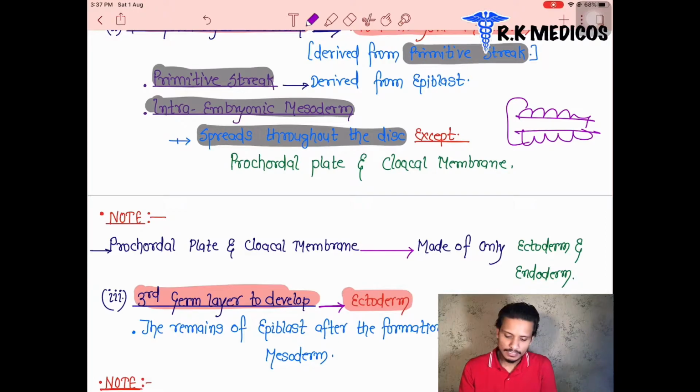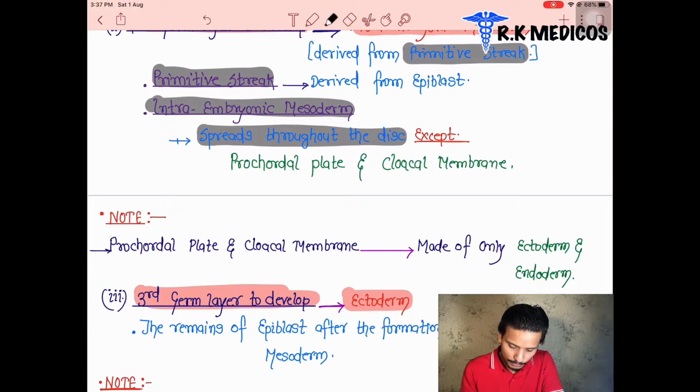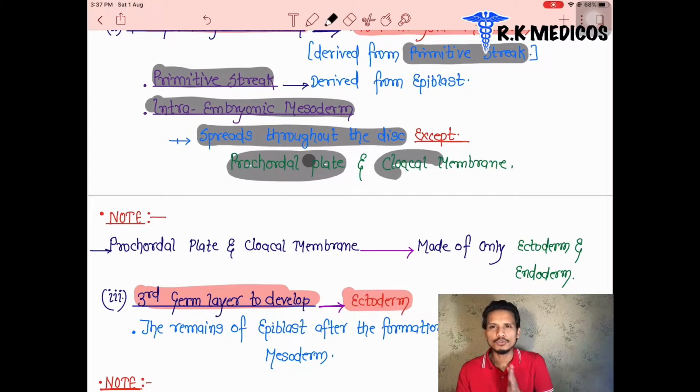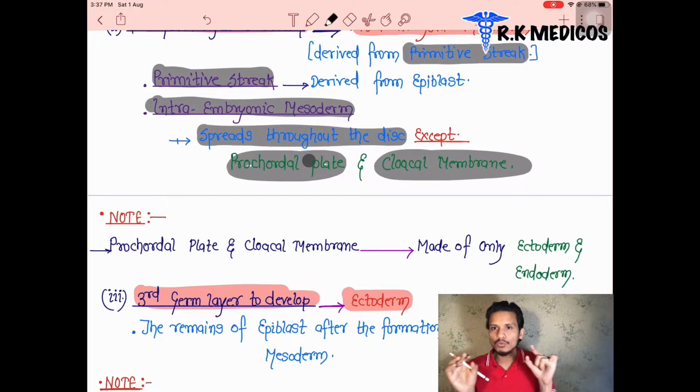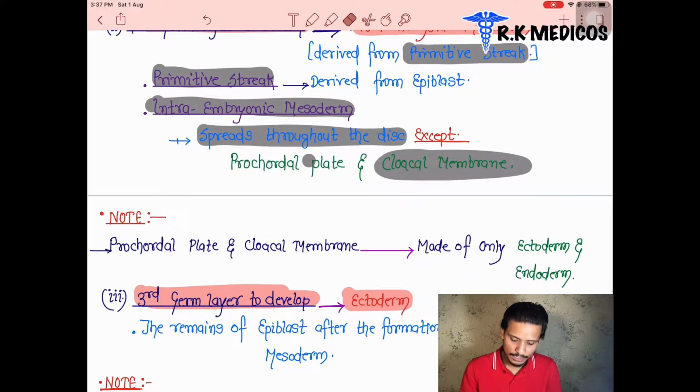So the intra-embryonic mesoderm is going to spread inside this disc throughout, except where it is not present: the prochordal plate and the cloacal membrane. In these two regions there is an absence of intra-embryonic mesoderm. Maybe it will be clear for you on the picture.